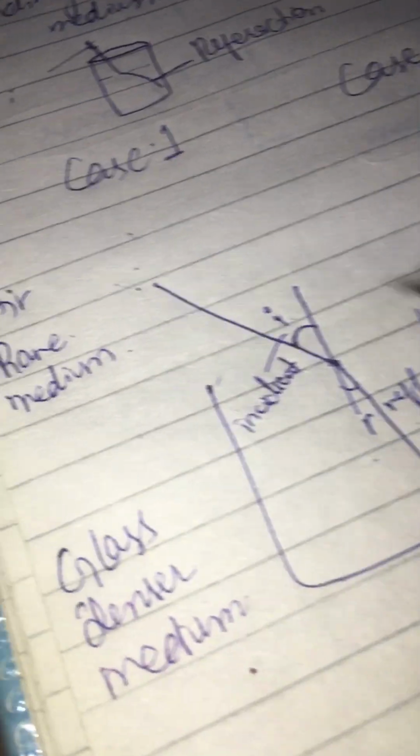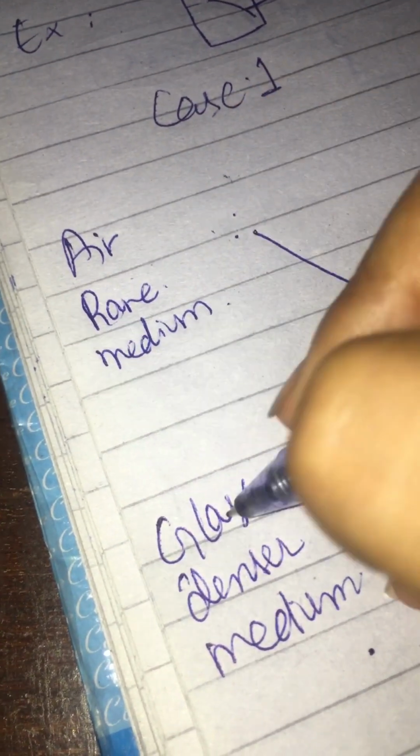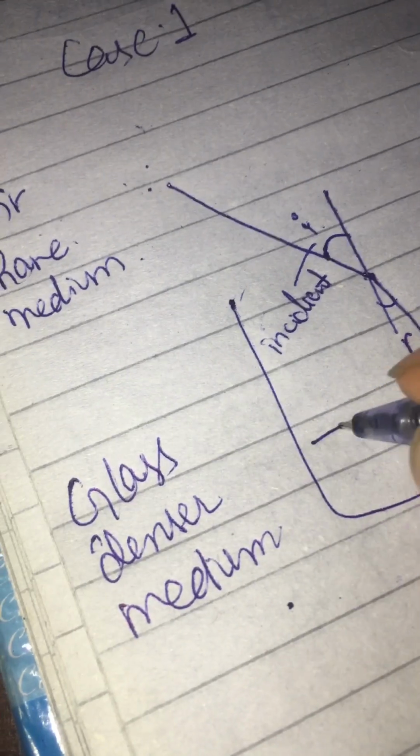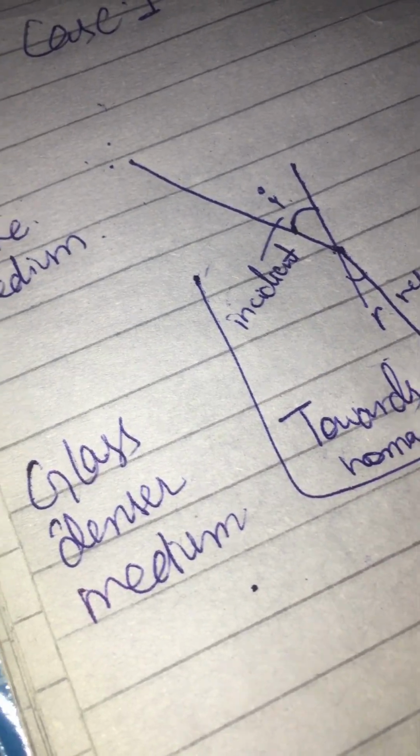Now we know when the ray is moving from rare medium to denser medium, it goes towards the normal. Okay, how? Rare medium to denser medium.